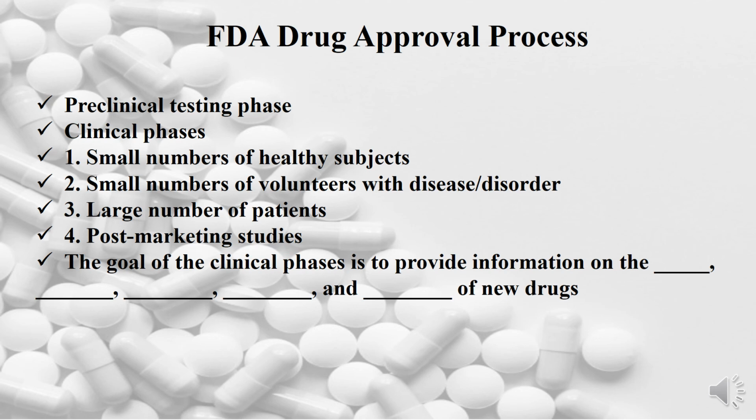Then we enter into phase 4. If that drug passes phase 3 clinical trials, it will enter into phase 4 clinical studies. Phase 4 studies are post-marketing studies that are voluntarily conducted by pharmaceutical companies to obtain further proof of the therapeutic and adverse effects of the new drug.